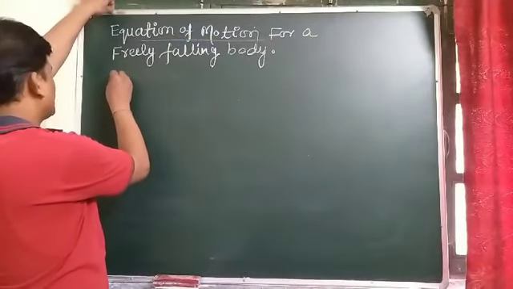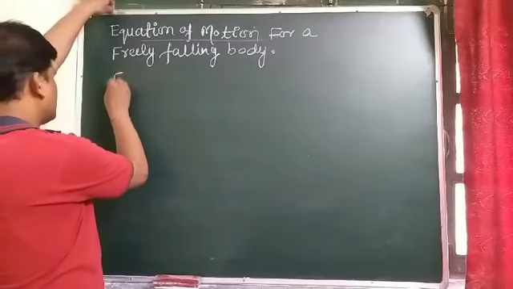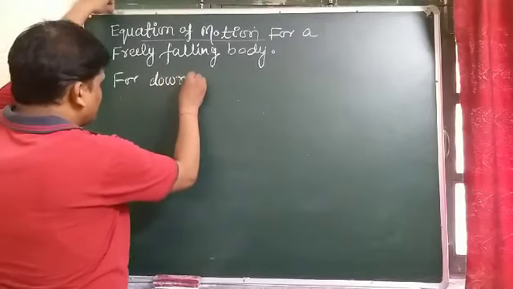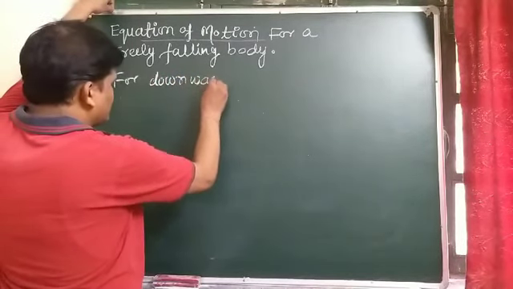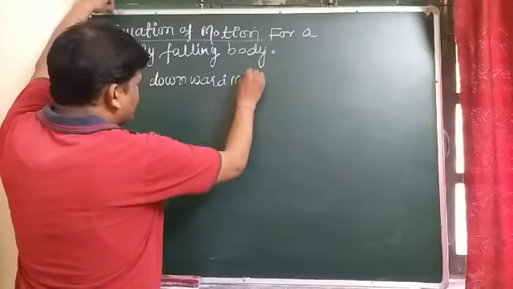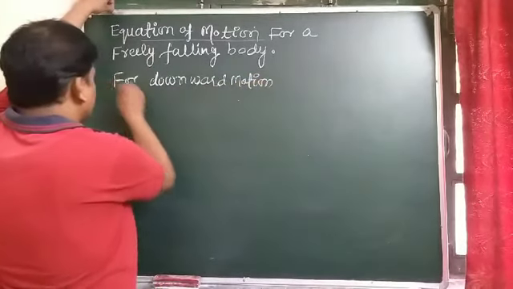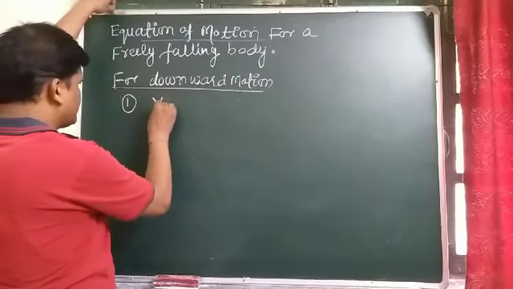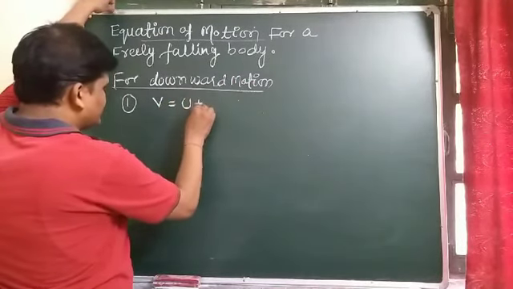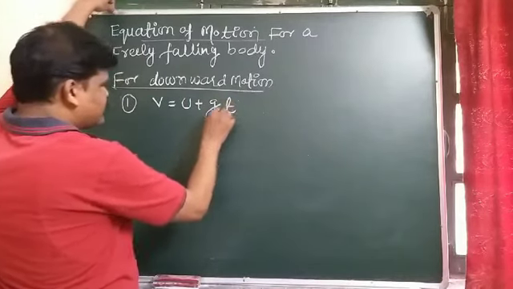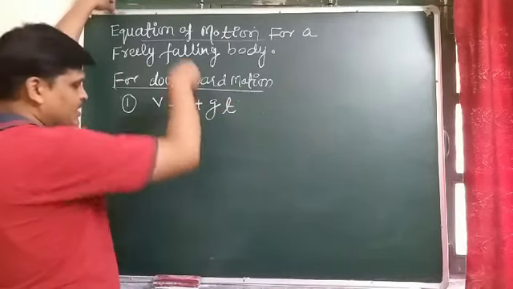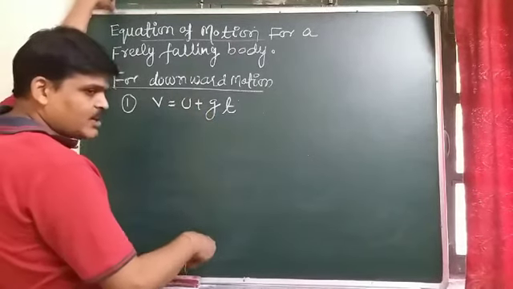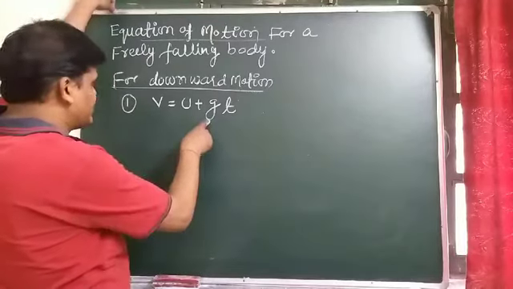First, for downward motion, the equation of motion of a freely falling body is v equal to u plus gt. In place of a we put g, and in the downward direction g is taken to be positive, because in the downward direction the velocity of the object increases.